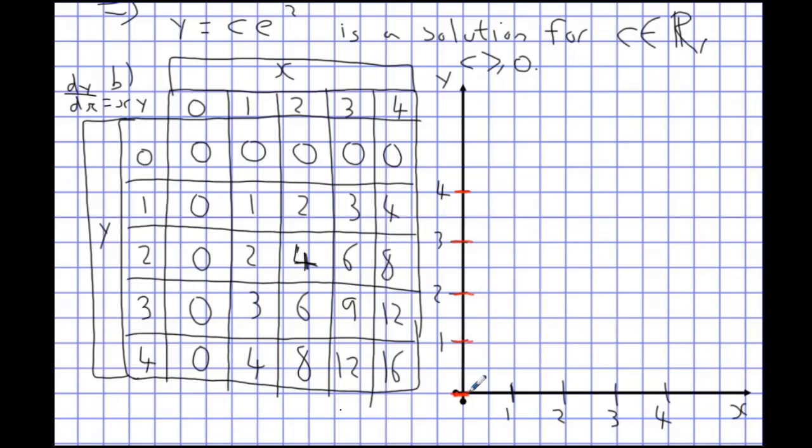This bit here, for example, is telling me that at the point 0, 1, dy by dx is 0. Now you can do the same along the x-axis because the points 1, 0, 2, 0, 3, 0, and 4, 0, at all of those points, dy by dx is 0. Okay, so that's the fairly easy bit.